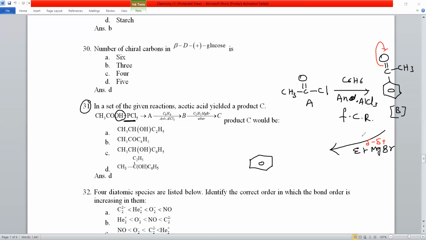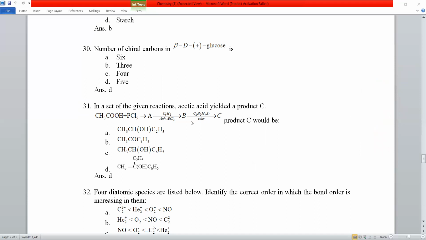This will polarize, so ethyl will attack the carbonyl group, and that will convert into alcohol. They have forgotten to give hydrolysis here; we have to do the second step. So I'm doing here CH3, and O becomes OH, and the carbon is connected with ethyl. So we are getting a tertiary alcohol. Okay, check, students, which is the correct answer. The correct answer is in option D.